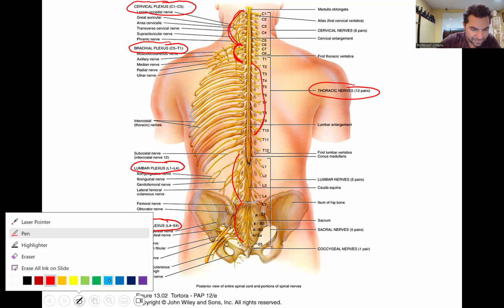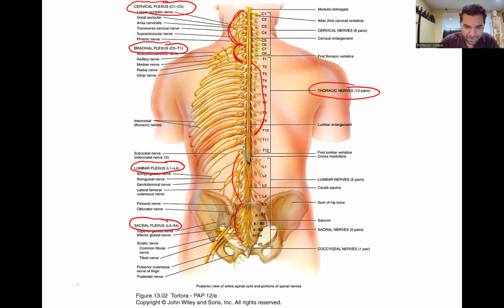And lastly, on this picture, you will see that there are a few parts that have specific names. You will see coming downwards towards that blue line that I drew, the spinal cord narrows. At this point, there's a little cone-like formation called the conus medullaris.